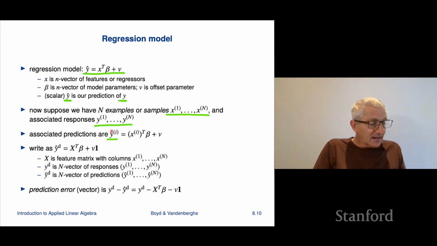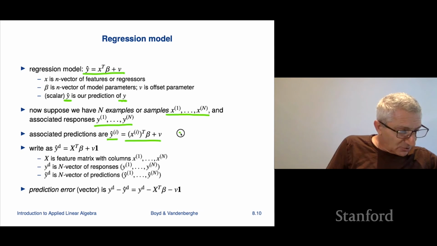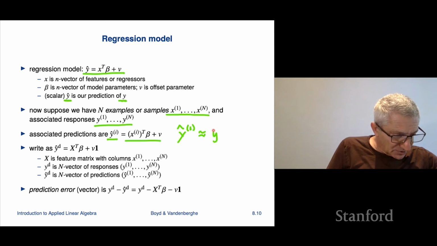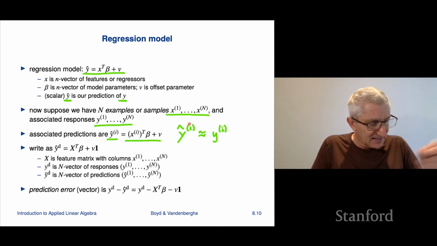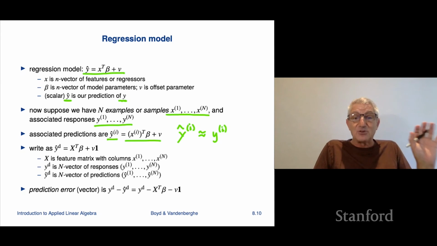Y hat i is this. What we really want, of course, is for y hat i to be approximately equal to y i, like that. So that's what we'd want. If they're close, then we'd say that your model does a very good job predicting y.